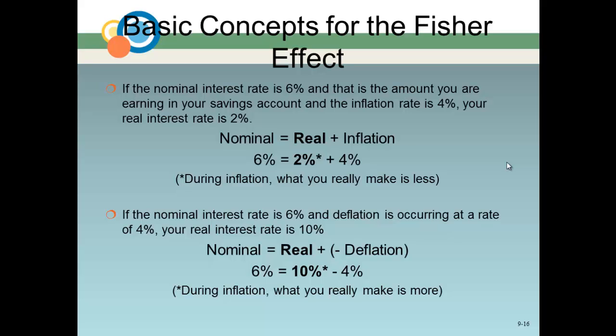And the inflation rate is 4%. Your real interest rate is 2%. During inflation, what you really make is less. If the nominal interest rate is 6% and deflation is 4%, your real interest rate is 10%. Because during deflation, your money buys more.